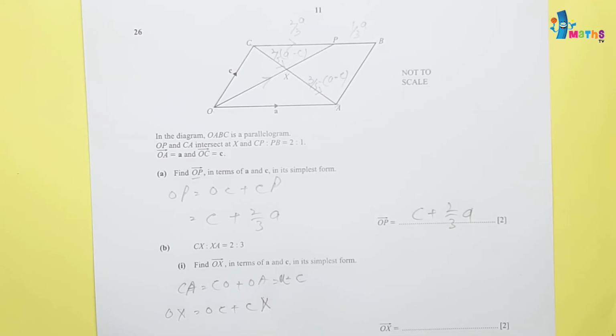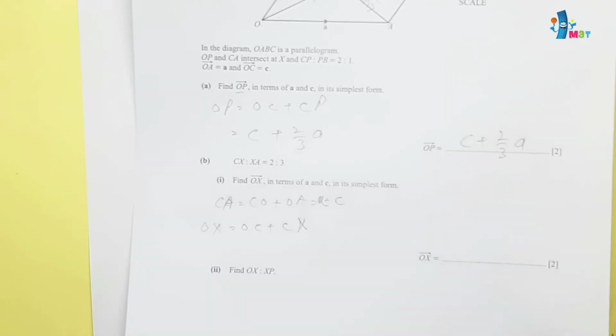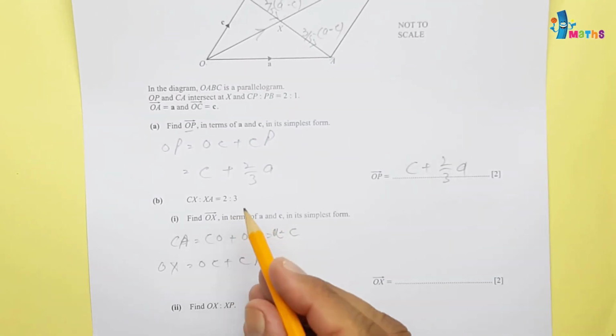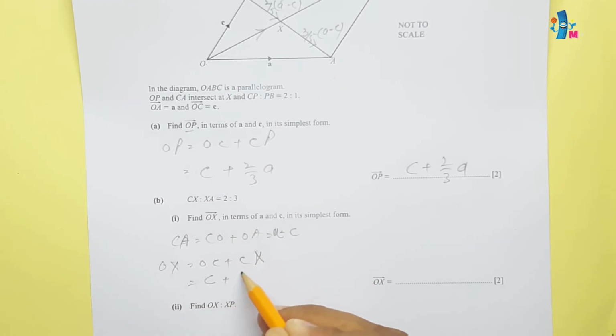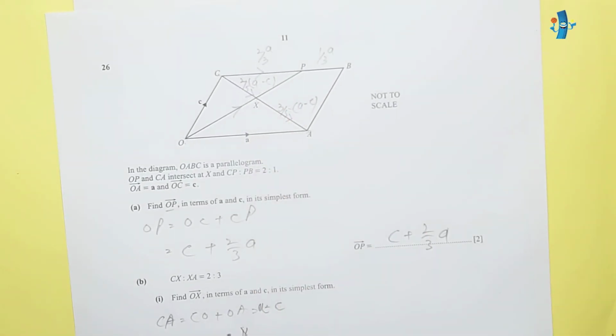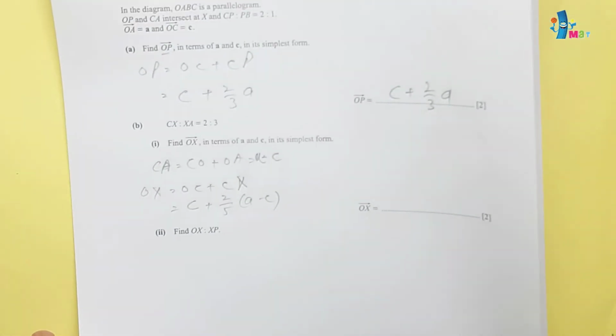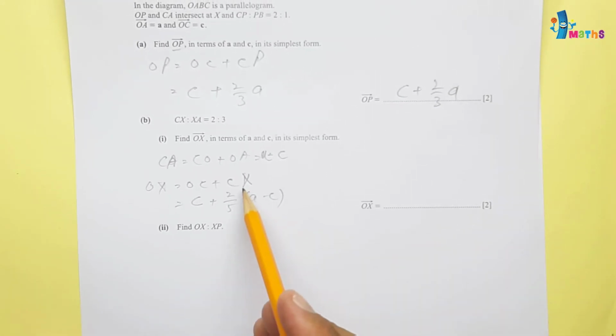So OC is equal to C, and CX is what? CX is 2 over 5 into A minus C, which we have written over here on the drawing. So this will be our answer.